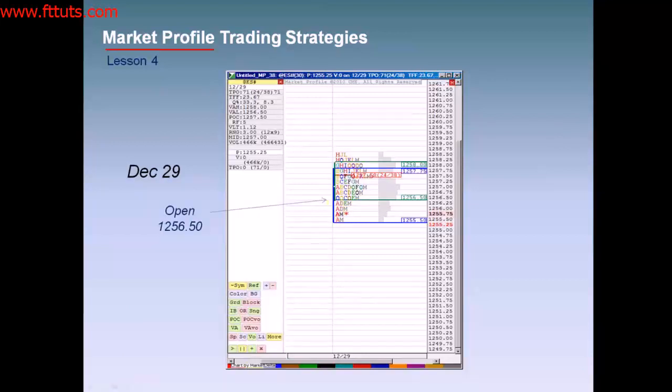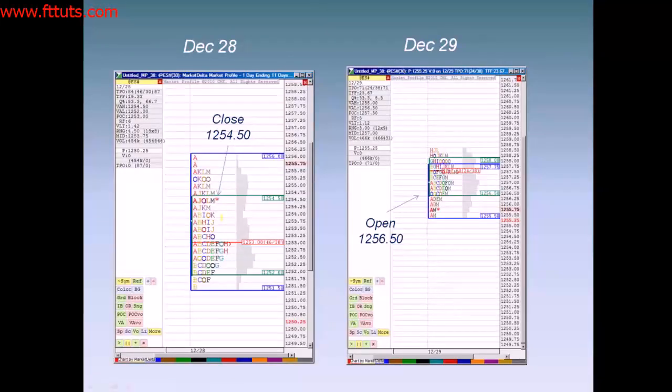So on the 29th, we open at 1256.50. And if we go back to look at the 28th, 1254.50 is where we closed, and this is where we opened. And now I want to draw your attention to something rather interesting or important.